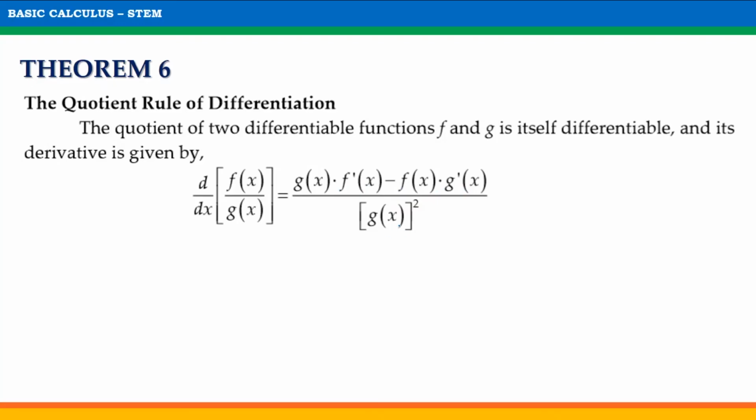The derivative of the quotient f(x) over g(x) is equal to the difference of the product of g(x) with the derivative of f(x) and the product of f(x) with the derivative of g(x), divided by the square of g(x).